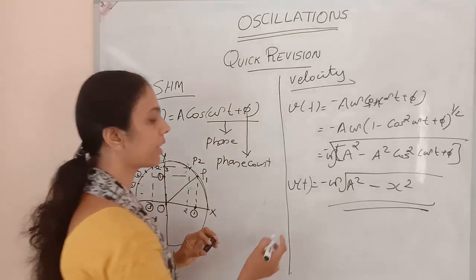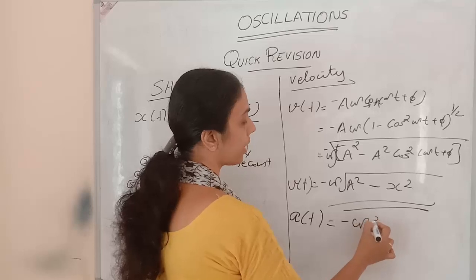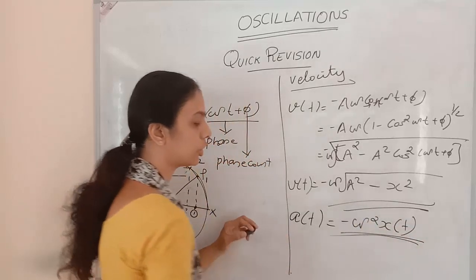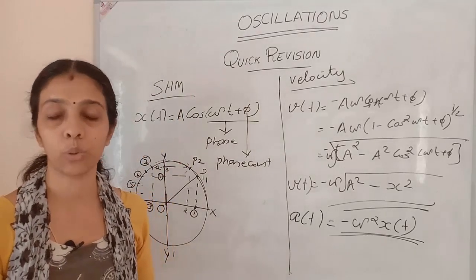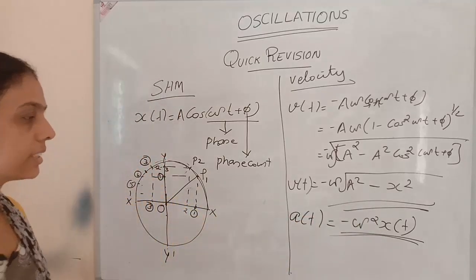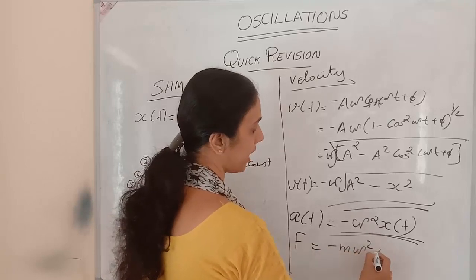Then how will we find the acceleration? Acceleration is minus omega square x of t. This is the representation of acceleration, that also a negative quantity. Now force is minus m omega square x of t.